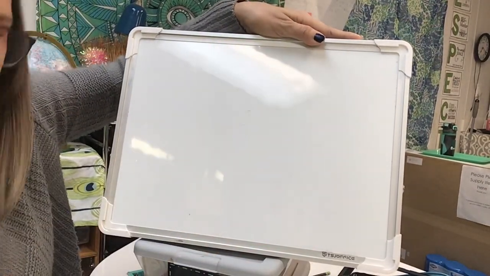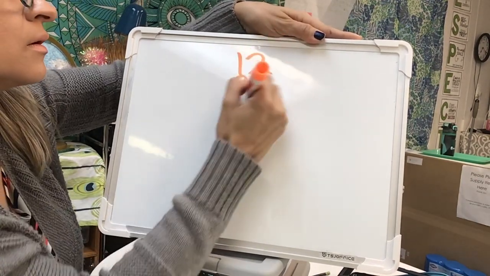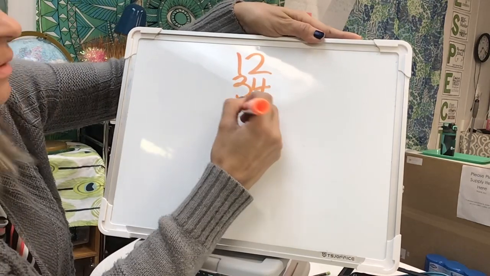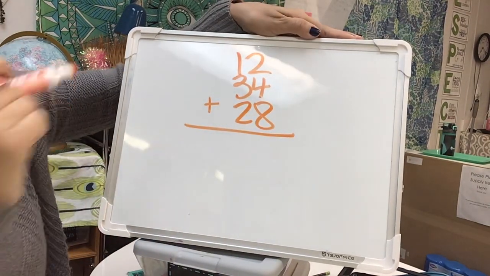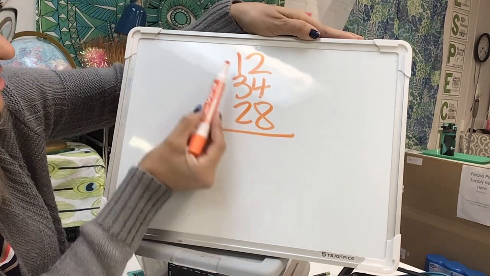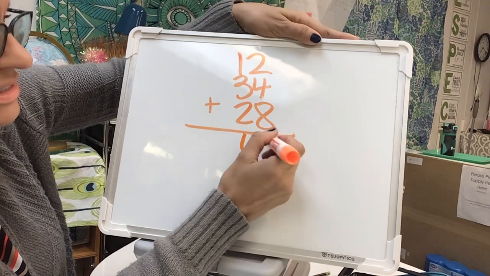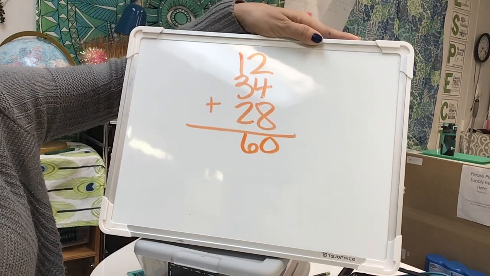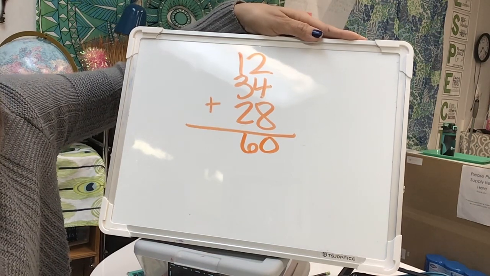So with 3 digits, we're going to keep with the same pattern. And so we're going to still add the tens. So 1 ten, 3 tens, and 2 tens, which has the value of 6 tens, which is 60. But when it comes to adding the ones, we're going to try and see if there are any compatible numbers.